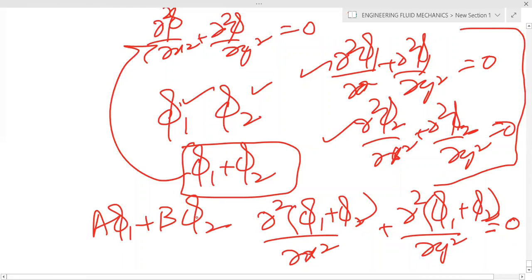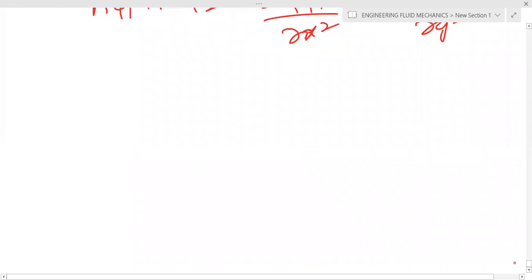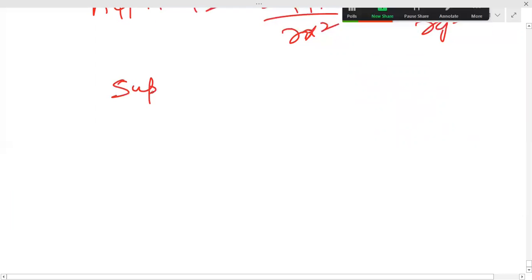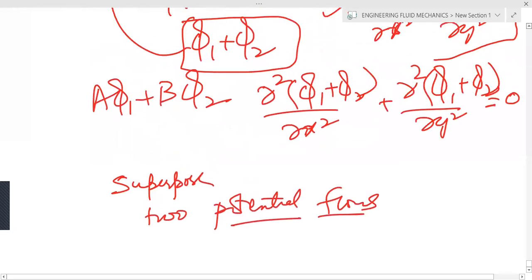So that concept has been actually utilized to simplify fluid flow problems. Now I'm giving you an example here. It means you can actually combine or superpose two potential flows, or any combination of them.